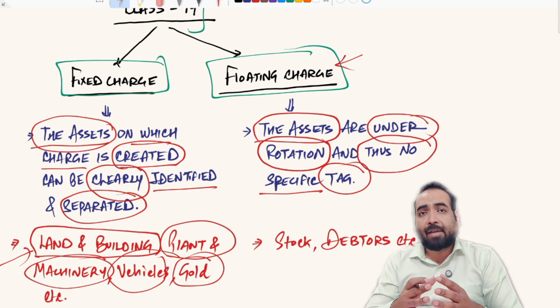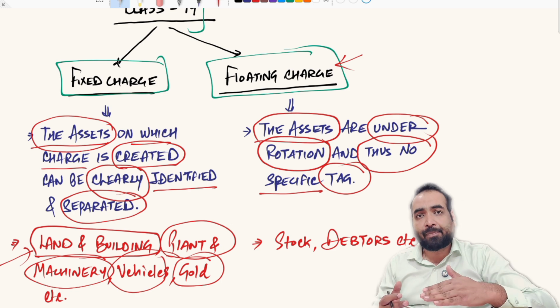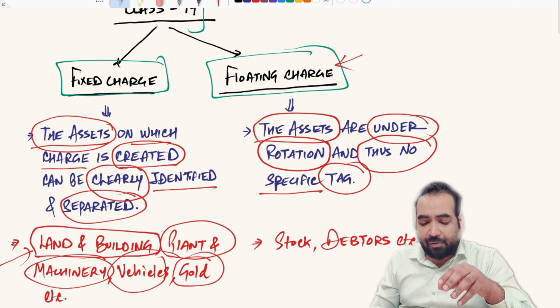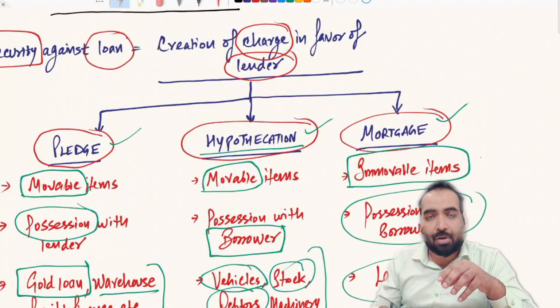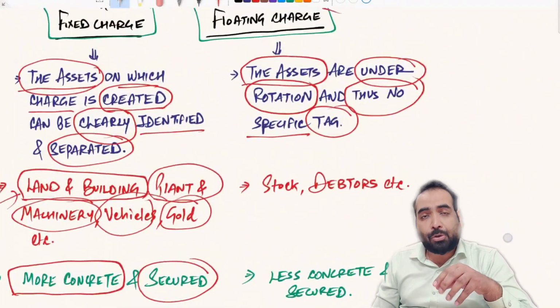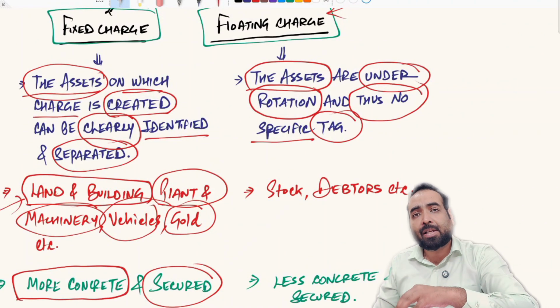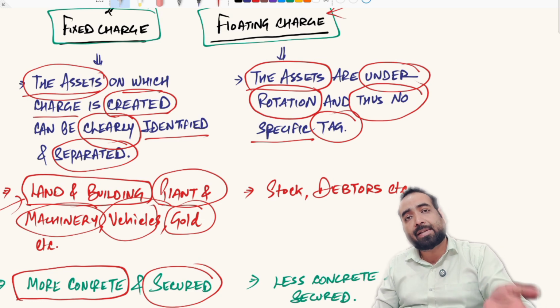Now the borrower is having a stock of 10 t-shirts. You have taken the charge on that stock, right? So what have you done? You have hypothecated that stock with yourself. But you cannot control the movement of that stock, because in order to run the business, he has to sell those t-shirts, buy new t-shirts and sell those.